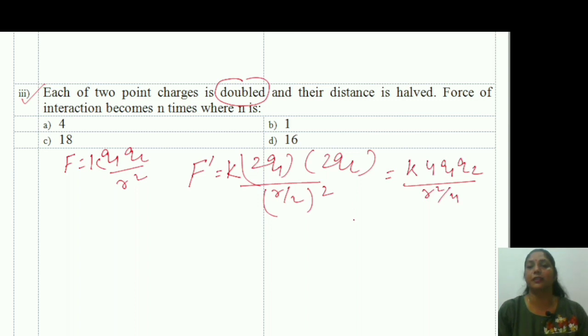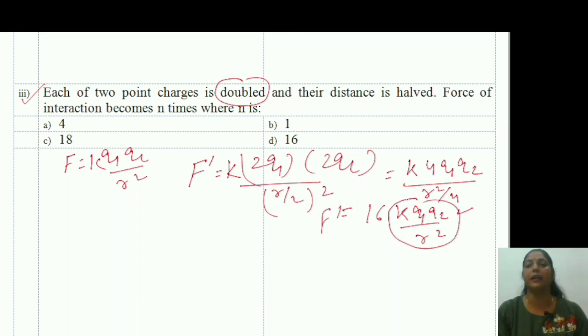This 4 goes in the denominator, so it becomes 16 K Q1 Q2 by R square. This is the new force F dash, and K Q1 Q2 by R square is the original force F. So you can write F dash equals 16 F. The new force is 16 times the old force.